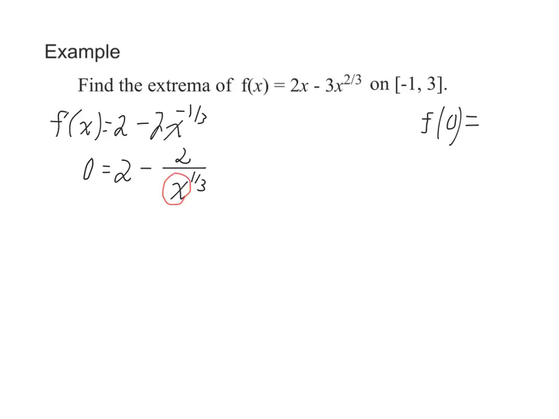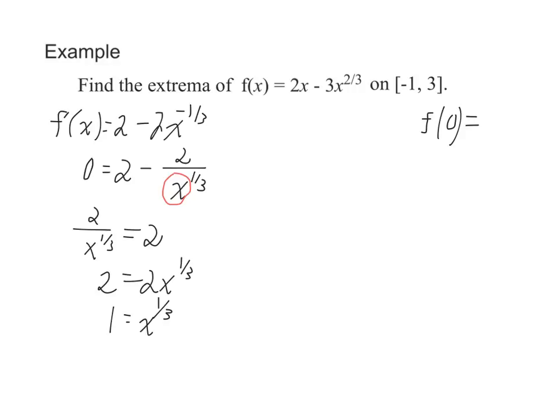All right, next, I have to solve this. This takes a little bit of algebra work. I'm going to go ahead and move over the 2 over x to the 1/3. Multiply both sides by x to the 1/3. Divide by 2. Then I need to undo x to the 1/3.